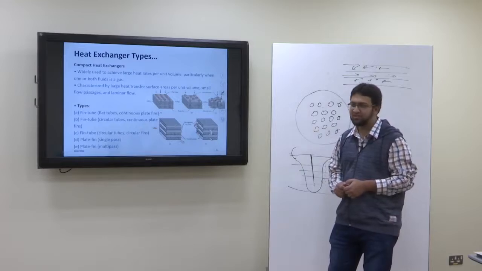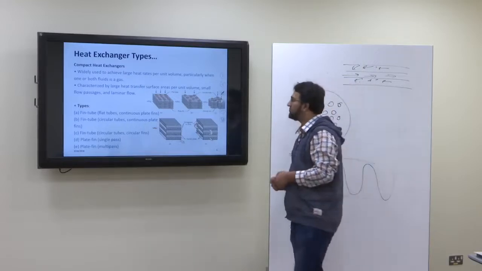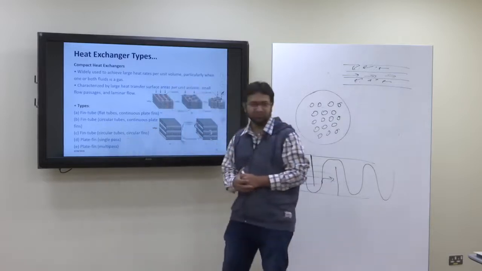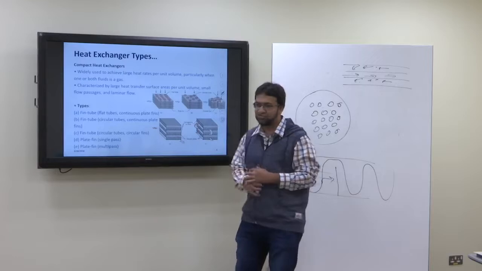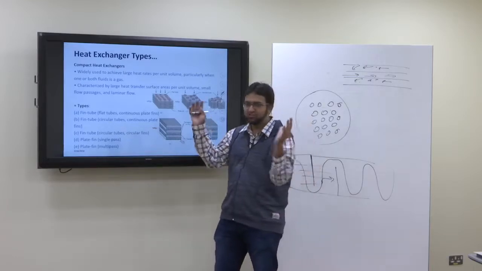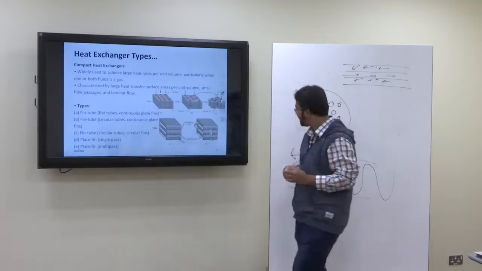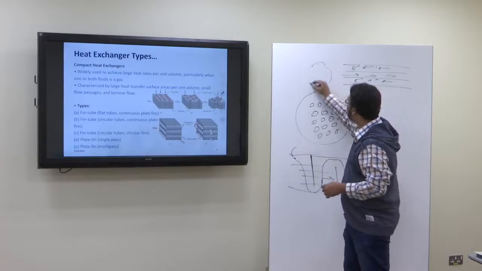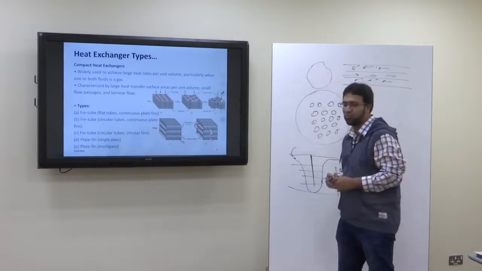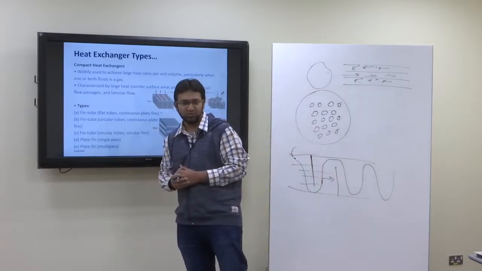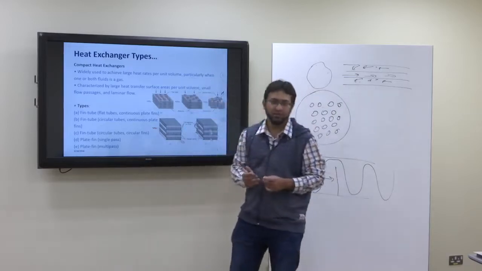We can have multiple types of compact heat exchangers. First of all, these are compact, which means the whole heat exchanger surface is compacted. In a small volume, you have a lot of heat transfer area.